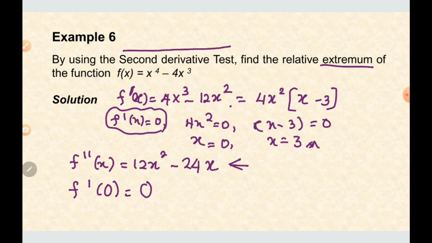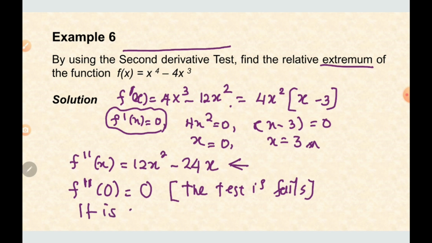So when f double prime x is equal to 0, we can say that the test failed, and it is inconclusive.